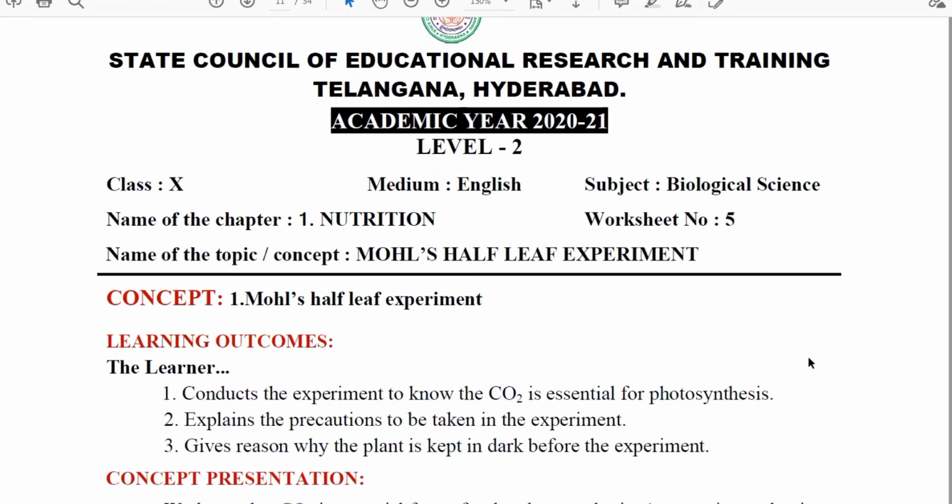So welcome back, students. As we are discussing continuation worksheets regarding 10th class biological science, today we are going to discuss worksheet 5.